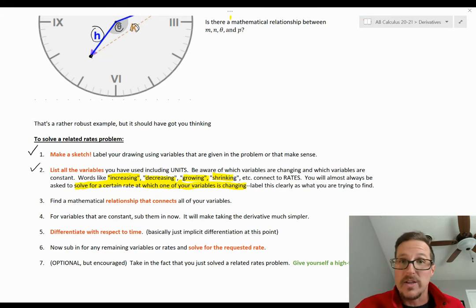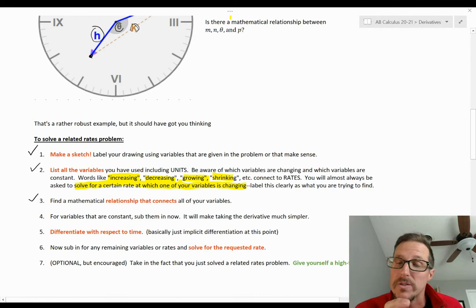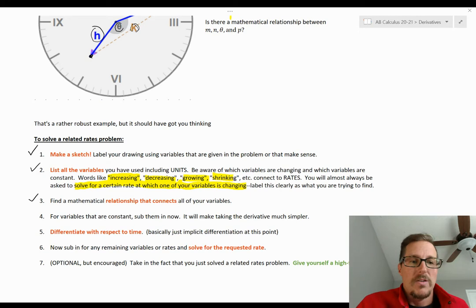There's a lot of different formulas that are locked up in here somewhere, and we're going to be accessing a lot of those formulas that you've seen in the past. So make sure that you can tie together all of those parts that are given in the problem with some mathematical relationship. Whew. Okay, we got 4 more steps.